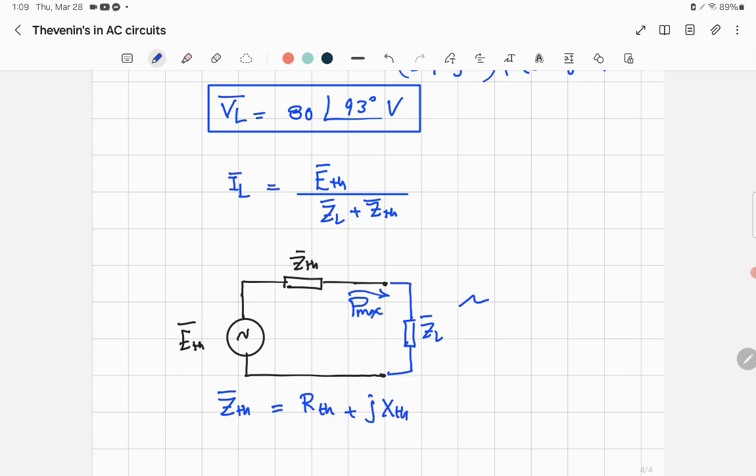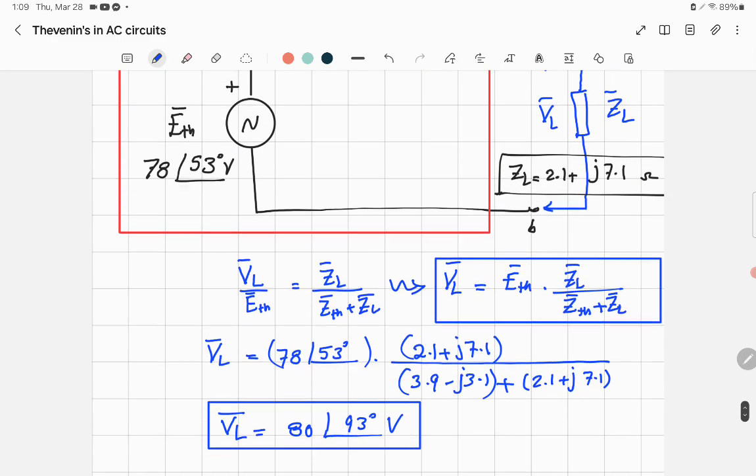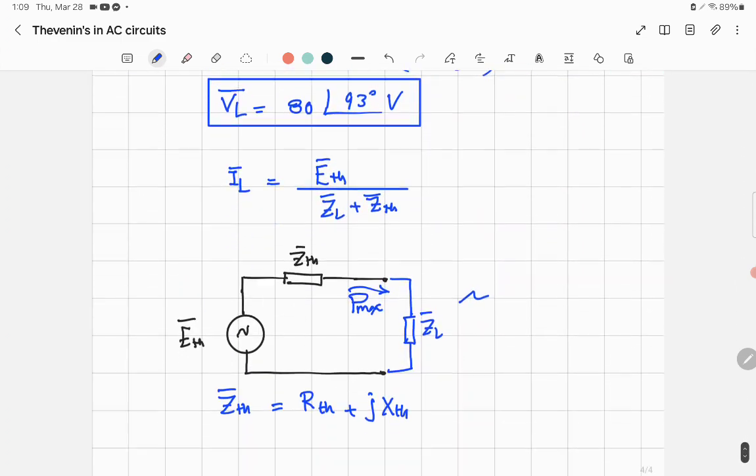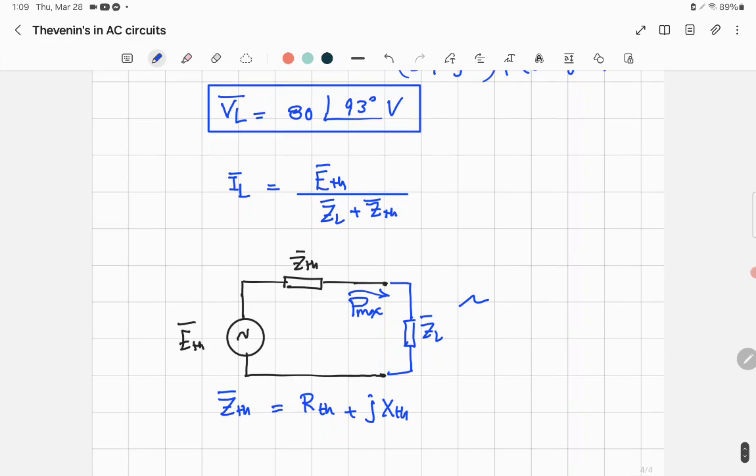Of course, X Thevenin can be negative, like in our case here. If you ask what's X Thevenin in our case, it's minus 3.1. I'm just writing the general rule. And ZL is equal to RL plus J XL, where L means load here, right? Don't mix it up with inductor L.